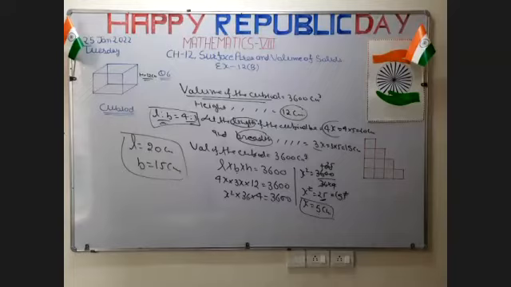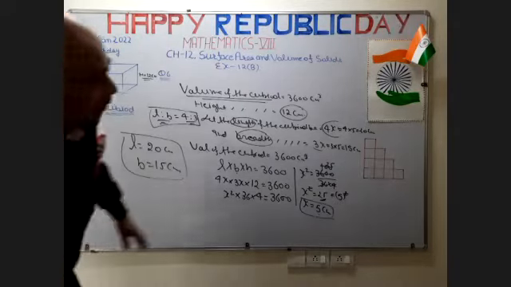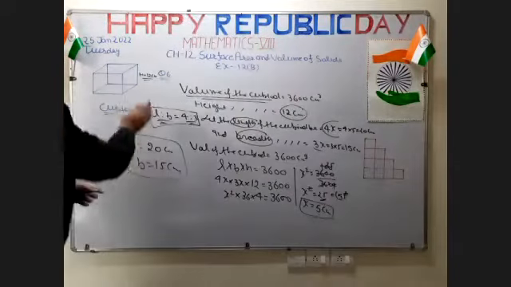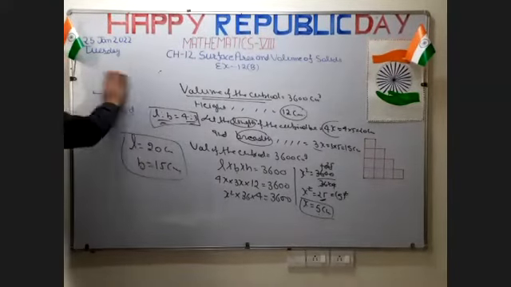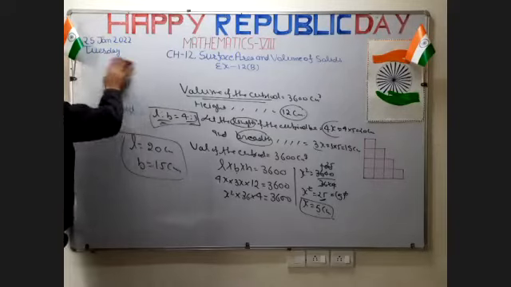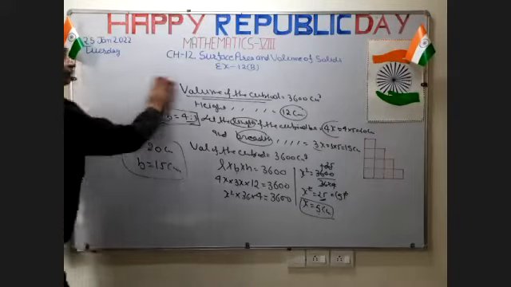Now check the next question. Question number 7. It's a very simple question. The figure is already on the board. This one is the figure of question number 7. Read the statement from your book. What is given in this question number 7?